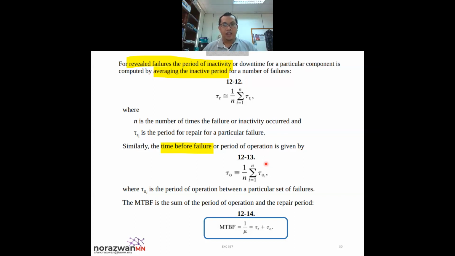If from the start of the operation until now, the component or equipment only failed twice, you need to find tau R and tau naught for both of these situations, then find the average. It depends on the number of times the failure or inactivity occurred. For a component we say there's a failure, but for a process maybe it is failure or inactivity. There is no inactivity for the process.